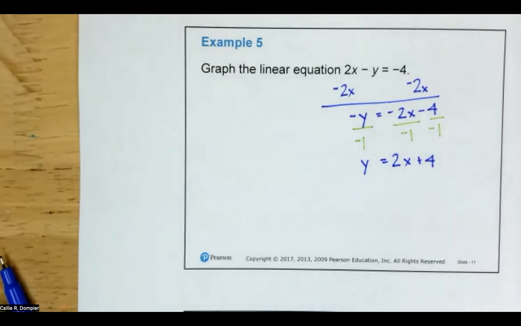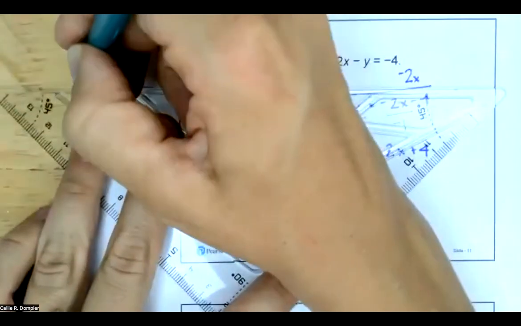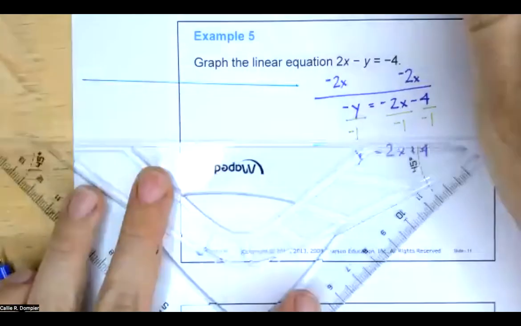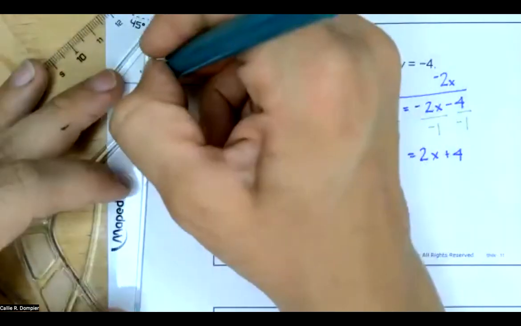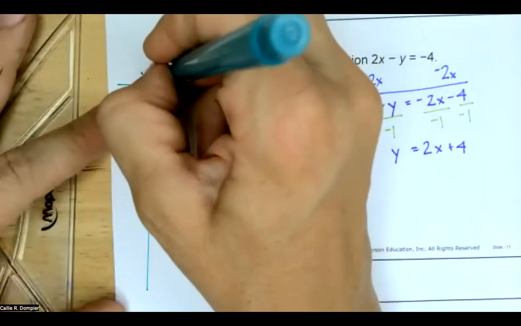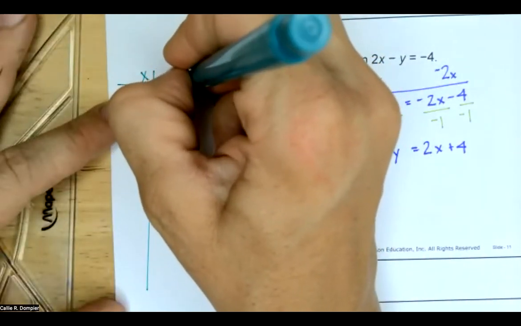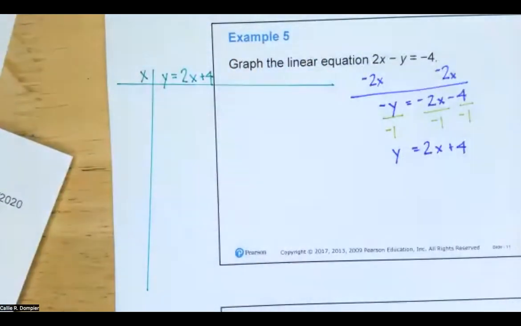We just made a table. We picked a value for x. We plugged it into y equals, and we got out a coordinate point.